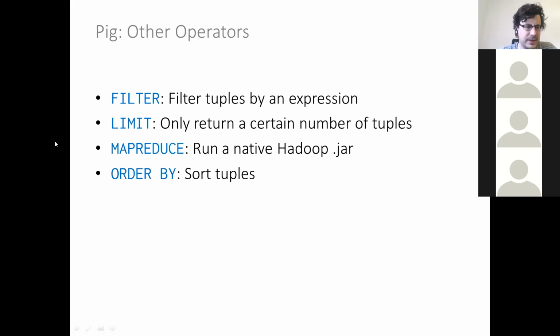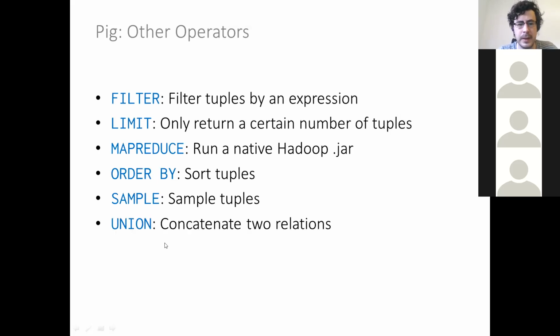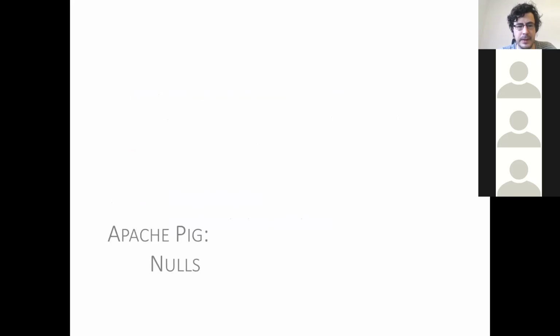Order by, which we've actually seen, sorts tuples in examples. We can take samples of tuples if we want to reduce the output: take a large input relation and take a sample of those as the output relation. We can apply union, which is to concatenate two relations. So there are some other operators that are more or less familiar from SQL, for example, and some of which we've seen from the examples previously.